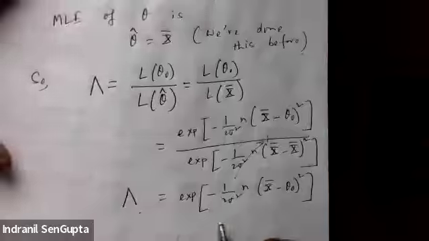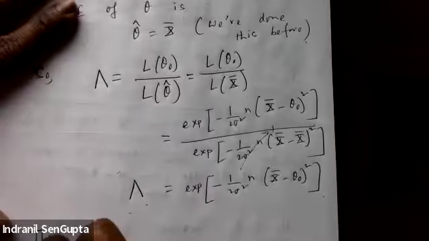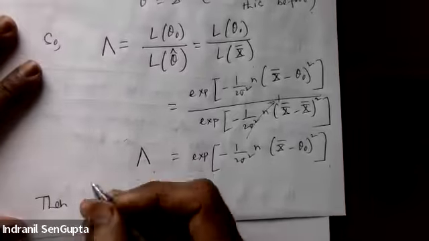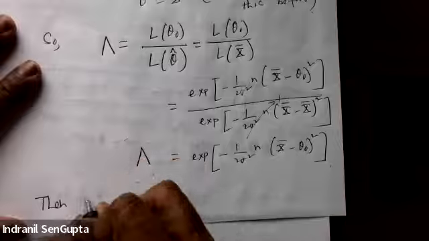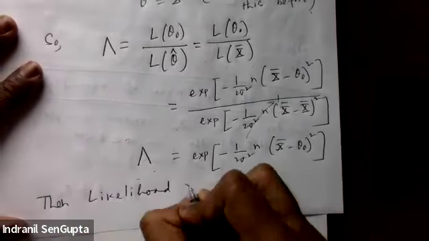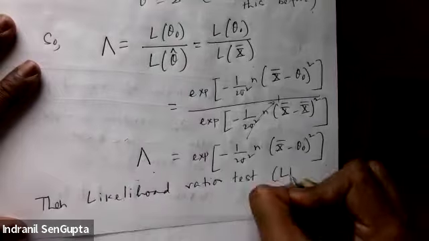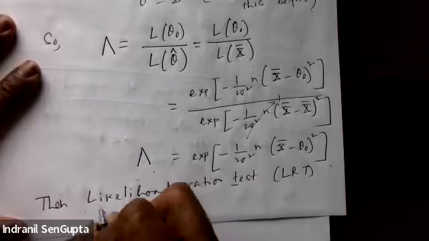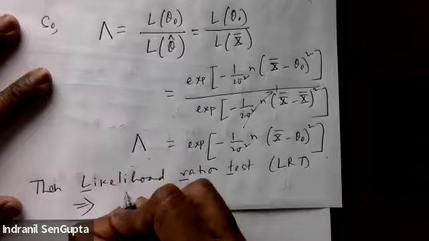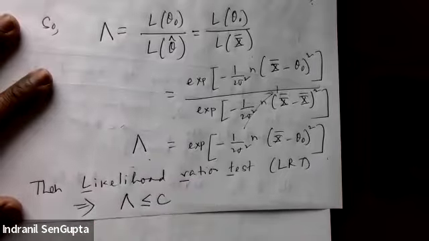Now, what does it mean to have these quantities? The likelihood ratio test, which we call LRT, says that we reject the null hypothesis if lambda is less than c.